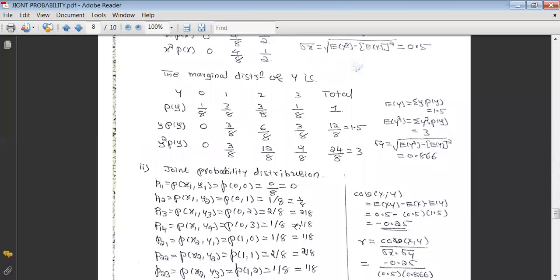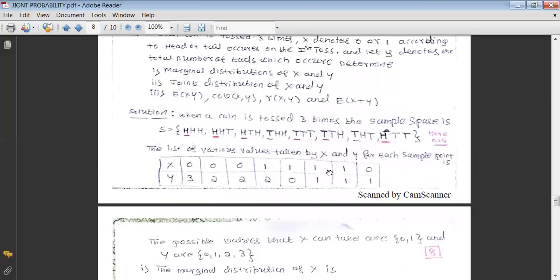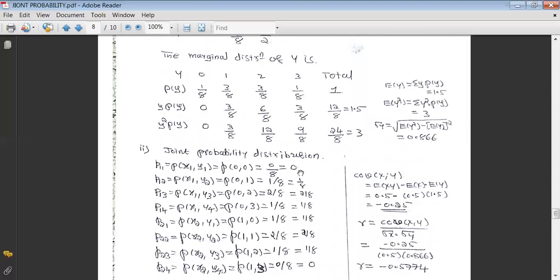Then let us calculate the favorable outcomes, the numerator, where we find 0 and 0 for x equal to 0 and y equal to 0 in this table. None of the time x and y together takes the value 0, that is an impossible event, means 0 times, so that is 0 by 8 is equal to 0.